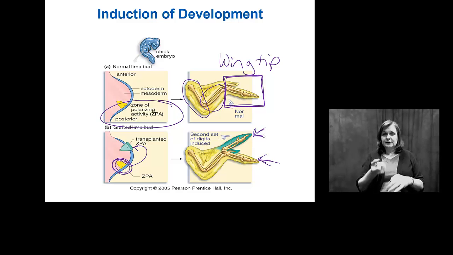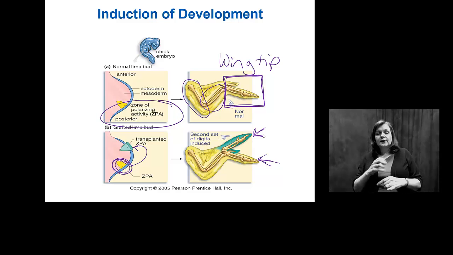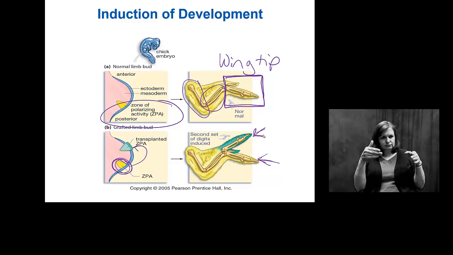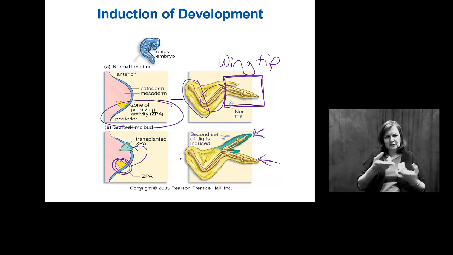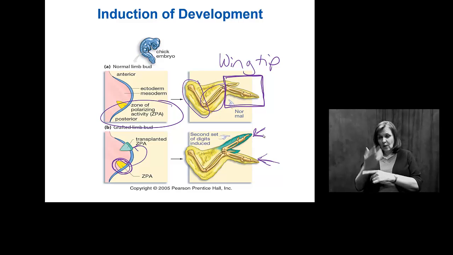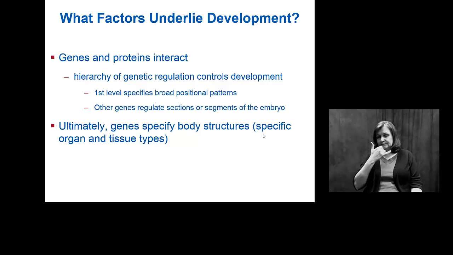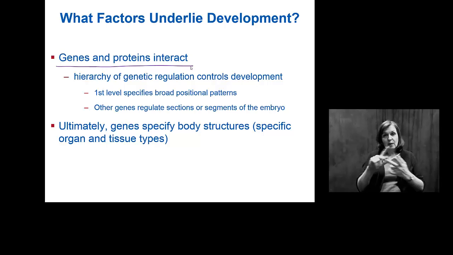That's critical to understanding what could go wrong in development. So keep in mind, when we talk developmental biology, we're not just interested in what goes right. We're interested in showing how things go right so that we can then determine when things go wrong. So what we're looking for are these genes and proteins to actually interact.